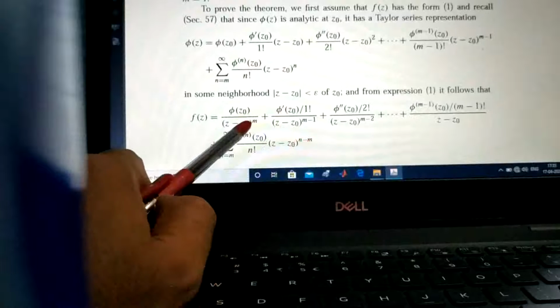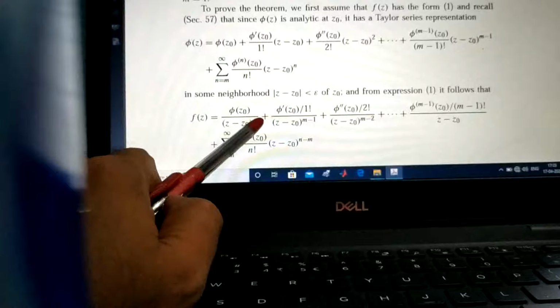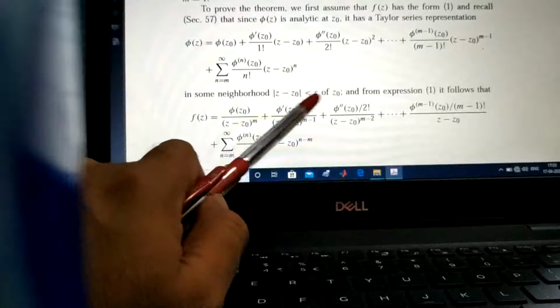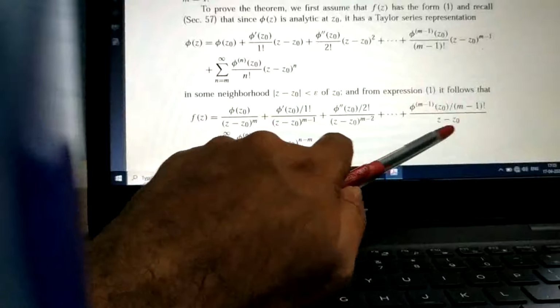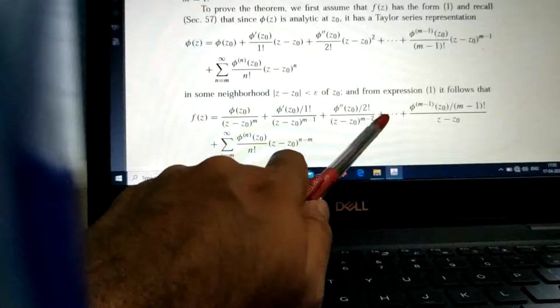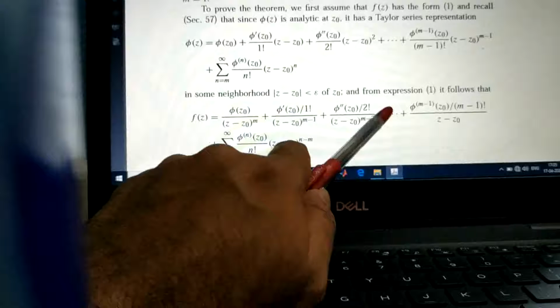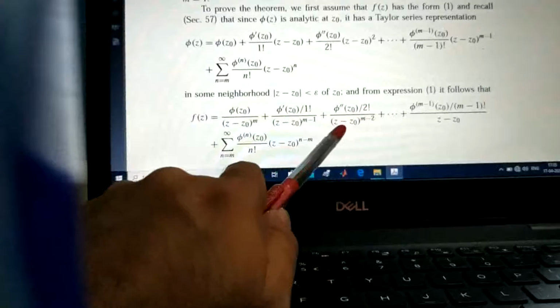So see, negative powers, since m is a positive integer. Starting from here, (z minus z naught) to the power 1, and the previous term will be (z minus z naught) to the power 2 in the denominator, and so on.